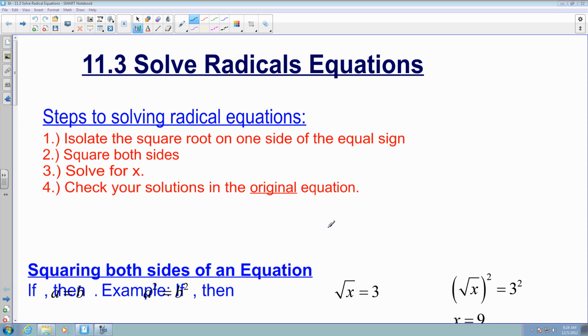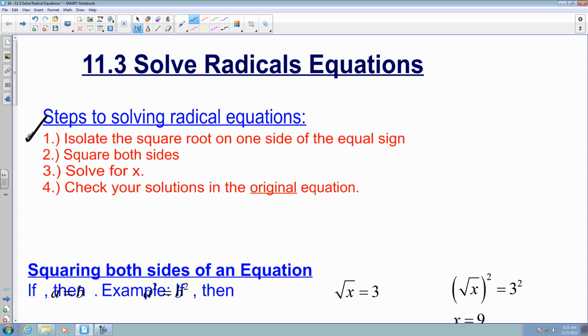First step is we must isolate the square root on one side of the equal sign. Next is we're going to square both sides, so we get rid of that square root. Third step is we solve for x.